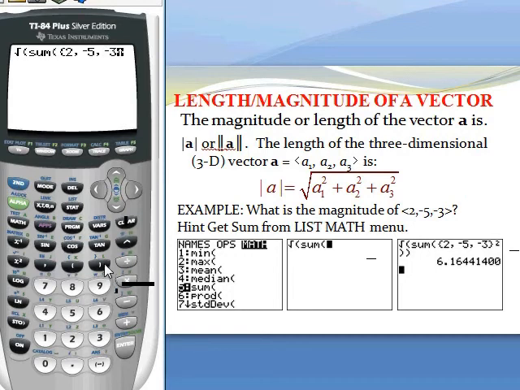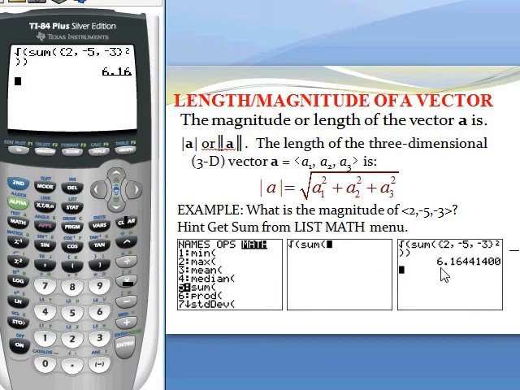Close the braces. And you will square that because you are supposed to. And then close the parentheses, you have 2 parentheses, 1, 2. And it will give you 6.16, which is the magnitude of that vector.